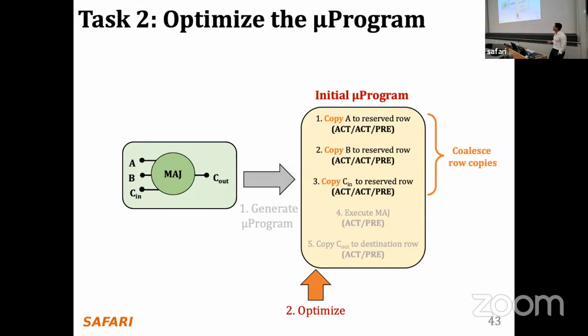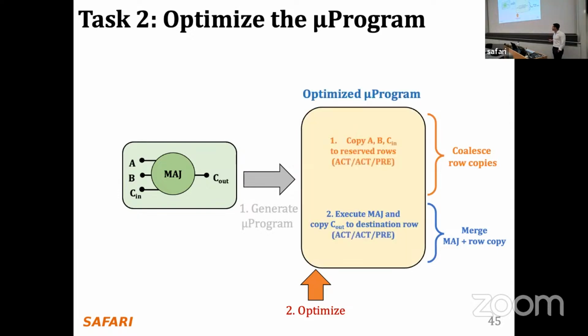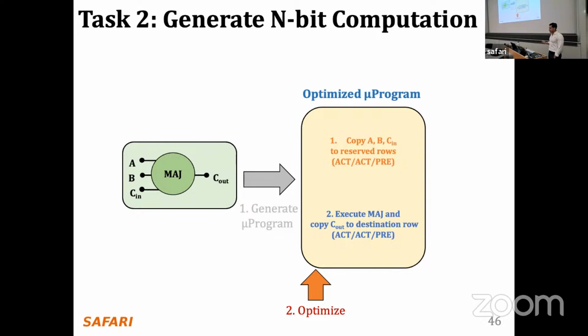Because of some of those properties of the special row decoder, we can coalesce some of those DRAM row copies into a single DRAM row copy, and also coalesce a majority followed by a DRAM row copy into a single activate-precharge command, because the first activate does the triple activation, and the second activate does the DRAM row copy. So this gives us an optimized microprogram, which can do that target DRAM computation in a more efficient way.